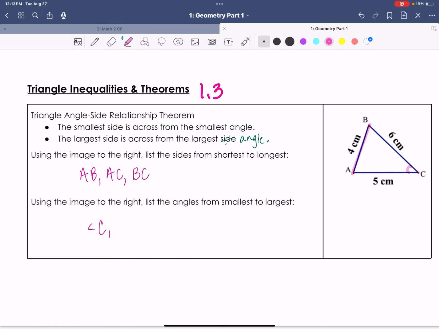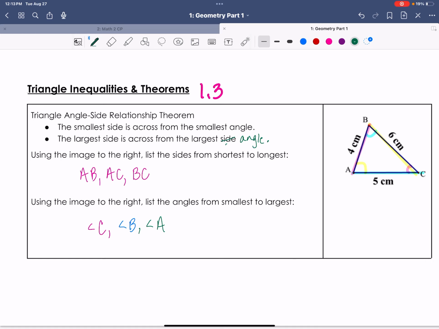And then if the next one is AC, well, B is opposite of that. And lastly, BC is the longest side, so this is going to be the greatest angle, which is angle A.